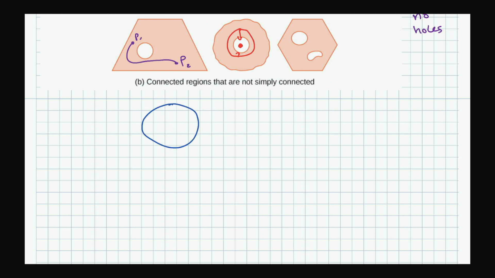Also, I don't have the picture here, but I'll just draw one for you. If I draw a shape like this and I shade it, so if I tell you that this is D1 and this is D2, and D1 union D2 is actually what D is, then D is not connected.